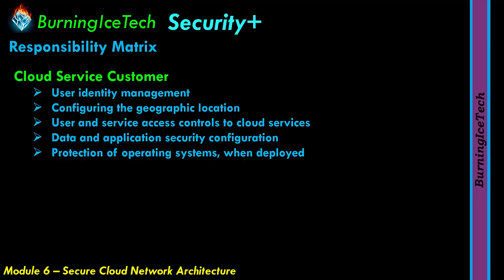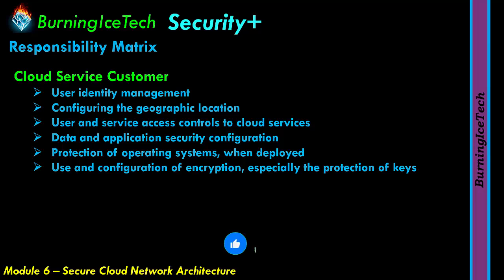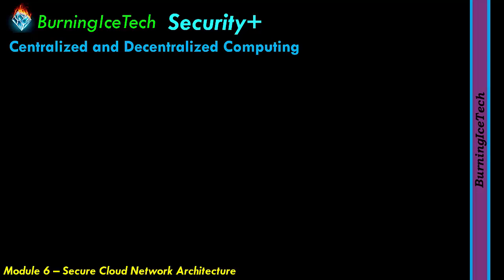So if some sort of antivirus needs to be installed on this virtual machine's operating system, that's going to be you. If any software needs to be installed on top of this operating system, well, that is you guys. Lastly, folks, the use and configuration of encryption, especially the protection of keys, that is once again your responsibility.